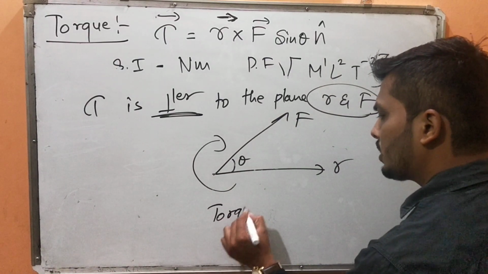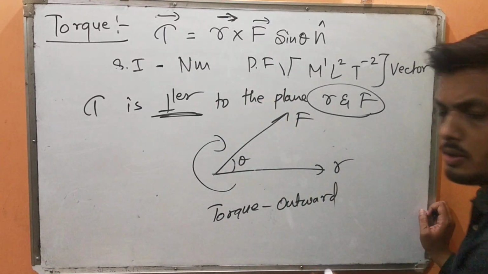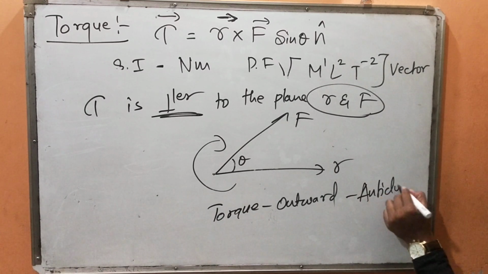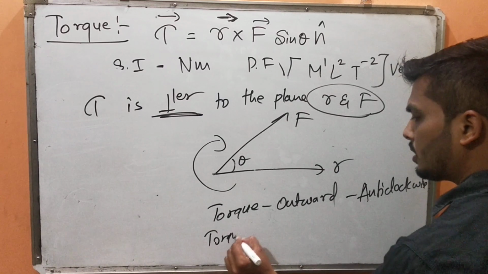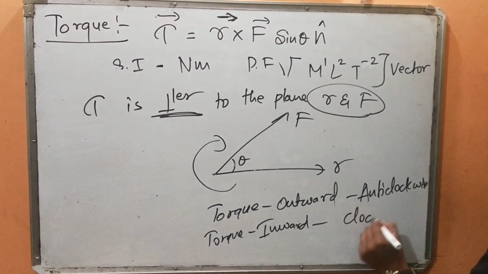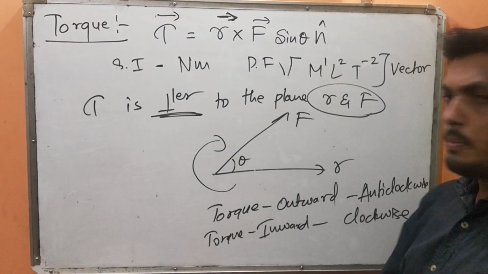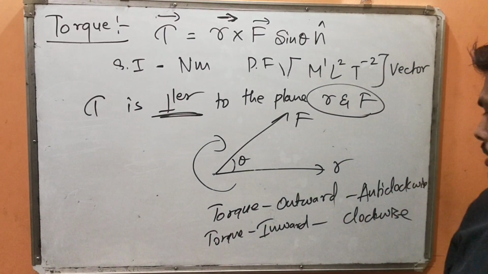So what is the direction of torque? It is outward, and yes, it is perpendicular. Outward in which case? Anti-clockwise. And torque will be inward in the clockwise direction. So the perpendicular concept you understand by Cork's rule, and outwards and inwards you can understand by the screw rule.